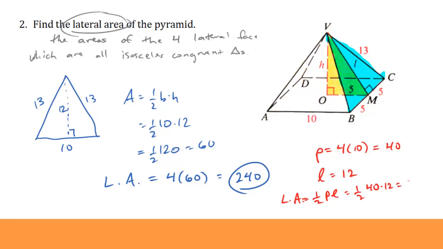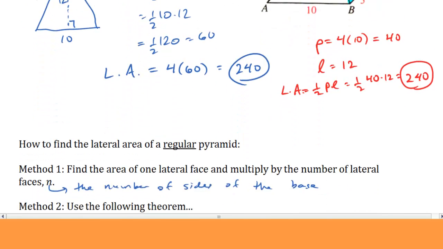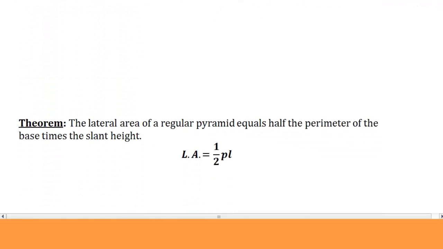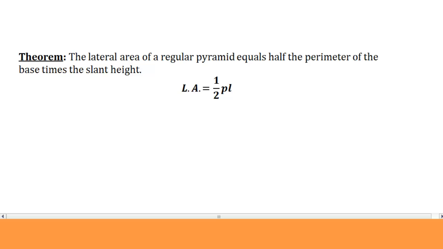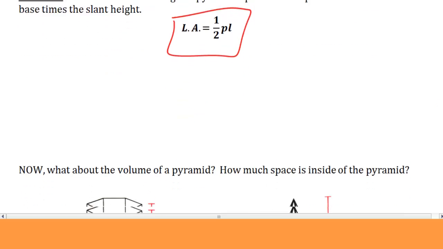Half of 40 is 20. 20 times 12 is 240. So that's another way we can find the lateral area. If we know the perimeter of the base and we know the slant height, we can multiply them together and then take half of that. A very useful formula that you need to memorize.